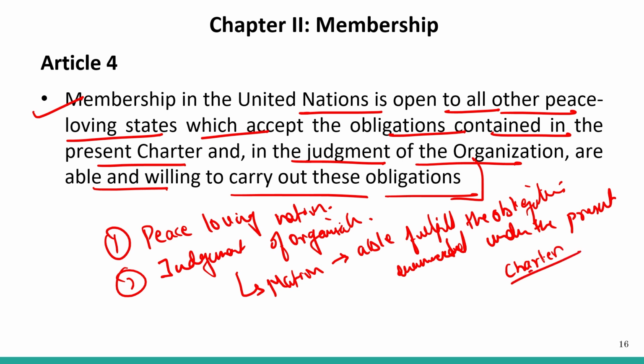I suppose you have understood how the membership of the United Nations works, and how Article 3 and Article 4 are helping us understand how the membership of the United Nations will take place.